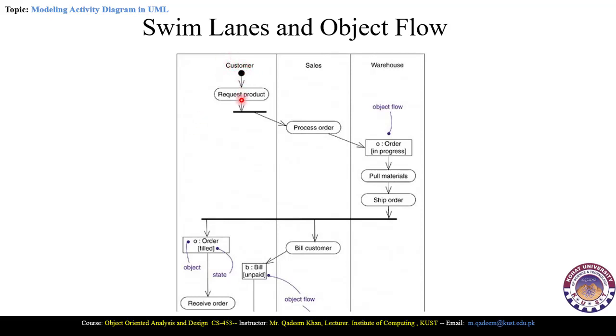Customers provide the request for the orders, and then the sales component will be executed. Here the order will be processed in the sales component, and in the warehouse component we will search for the orders, because all the products are placed in the warehouse or in the database.